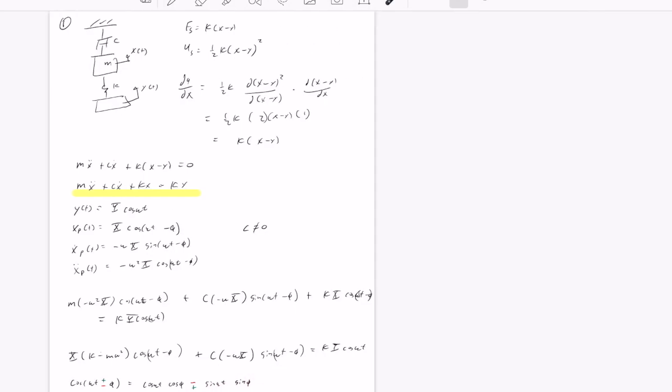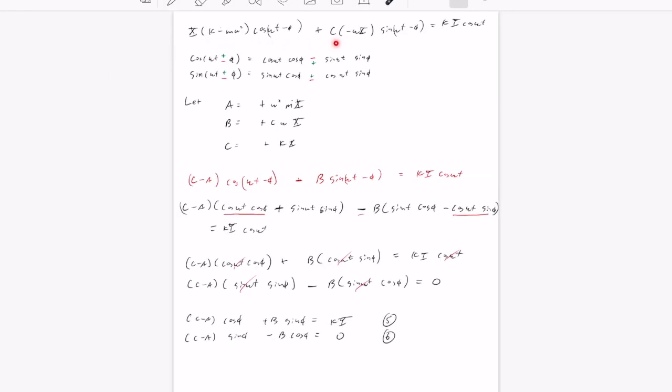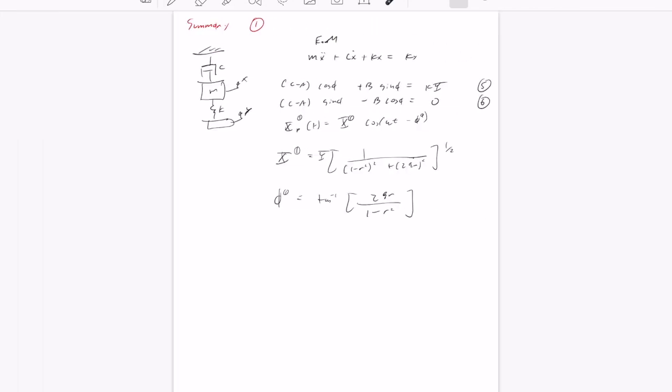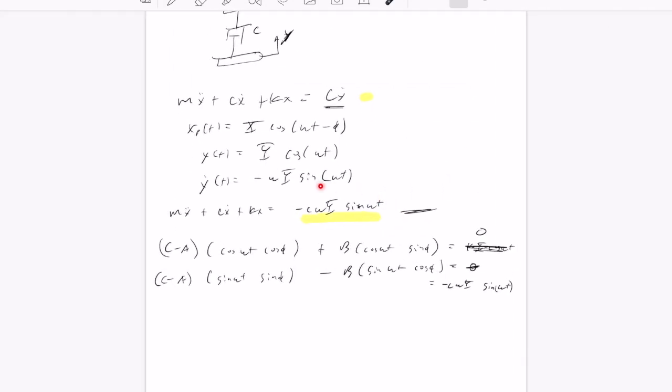You end up with this long thing, and then you group the cosine omega t's together and the sine omega t's together. That's how we did it. You can go back and look at that part of the lecture again, but I recommend doing that step yourself, because if you don't do it a few times, you're not going to remember it.